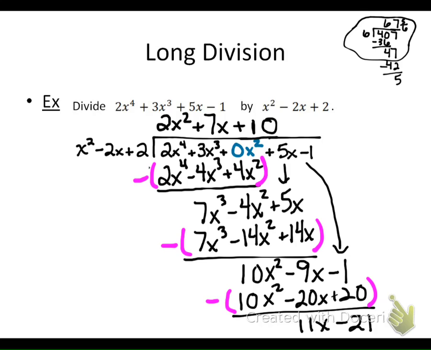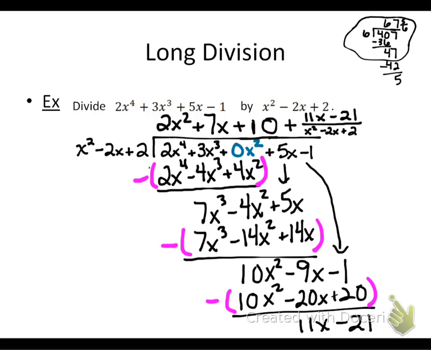This 11x minus 21, I can't take x squared times something to get 11x. So this is my remainder. Watch how I write the remainder. I will put plus 11x minus 21 all over the divisor, which is x squared minus 2x plus 2.